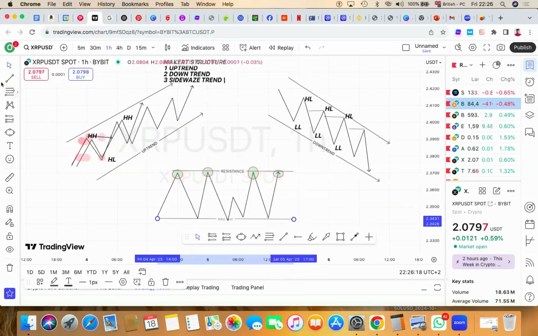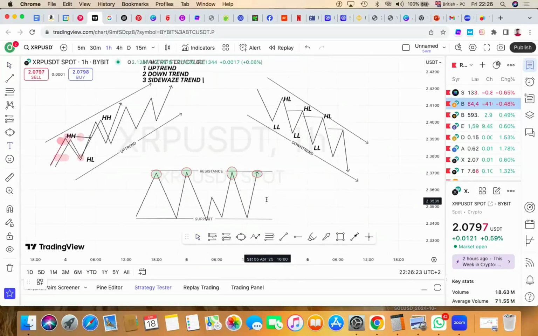So let's also write it here, for the purpose of those people who will be going through this again: the sideways trend, or indecisive, so sideways.